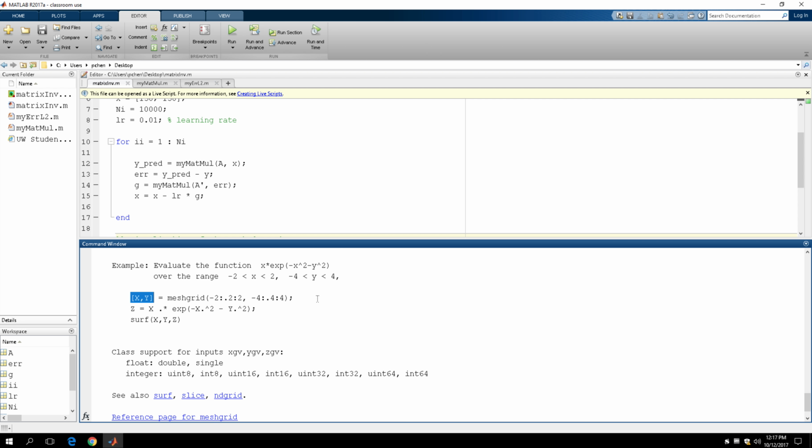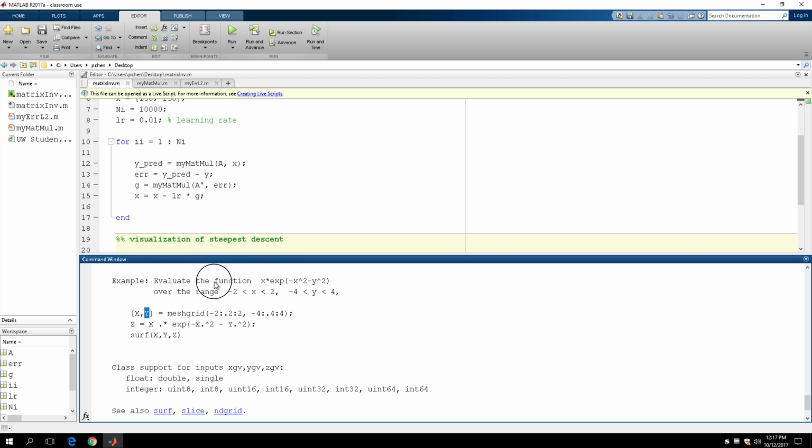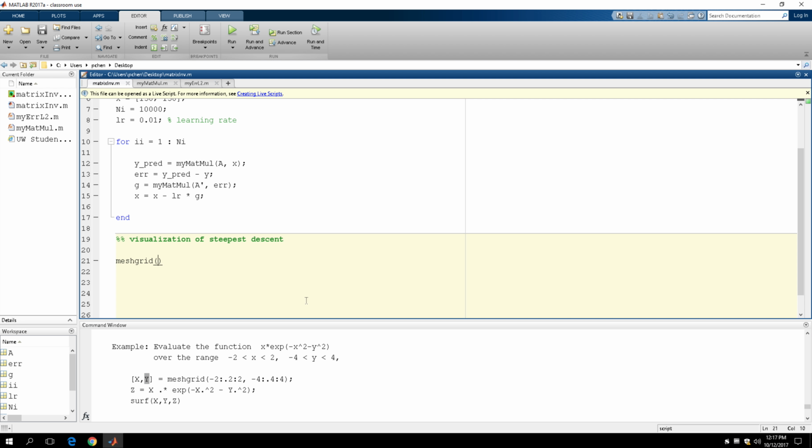Did you see how meshgrid actually works? So capital X is going to store the X coordinates for every point of that two-dimensional mesh. And then capital Y is going to store the Y coordinates for every point of that two-dimensional mesh, right? So let's try to imitate this particular usage, right?